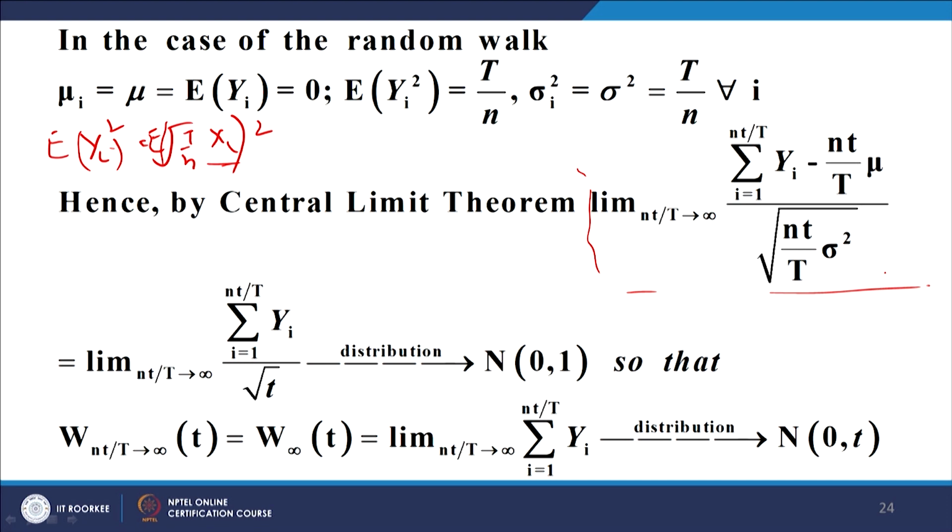Substituting in the expression for the central limit theorem, we get summation of yi upon root t distributed as a standard normal variate, N of 0, 1. Therefore, summation yi is distributed as N of 0, t, and summation yi is nothing but W n, or W infinity of t.